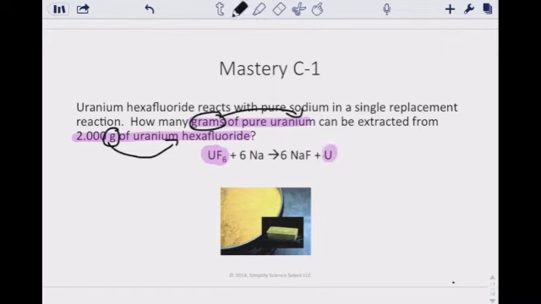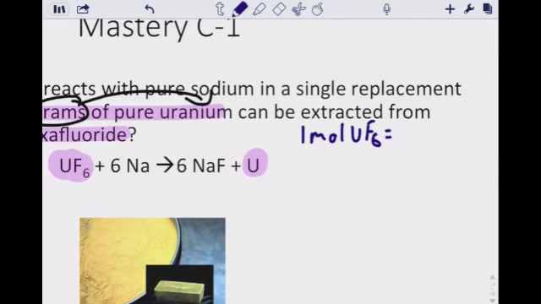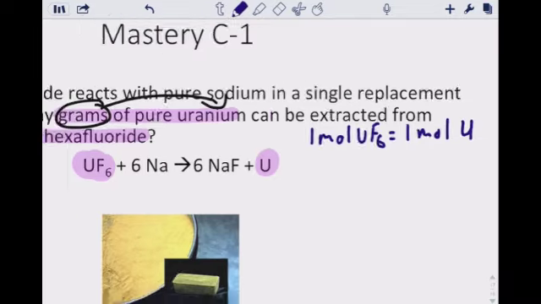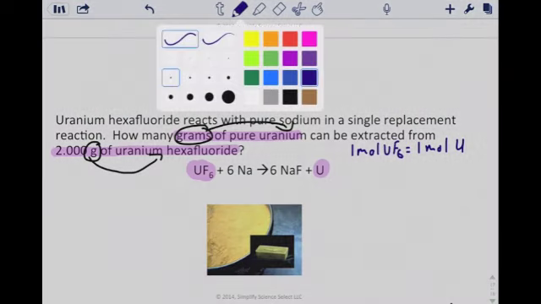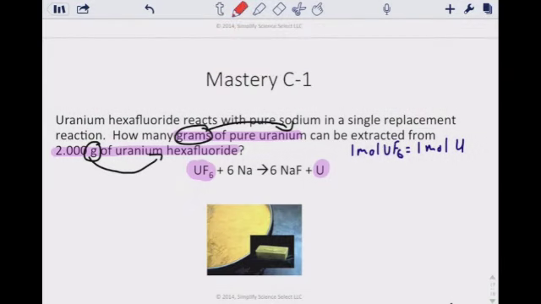So 1 mole of uranium hexafluoride equals 1 mole of pure uranium. The next thing we do, since it says grams of pure uranium, is write the molar mass of pure uranium. So we look that up in the periodic table, and 1 mole of pure uranium is going to equal 238 grams of pure uranium.